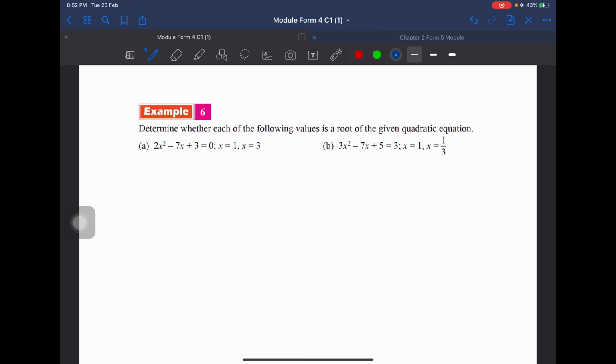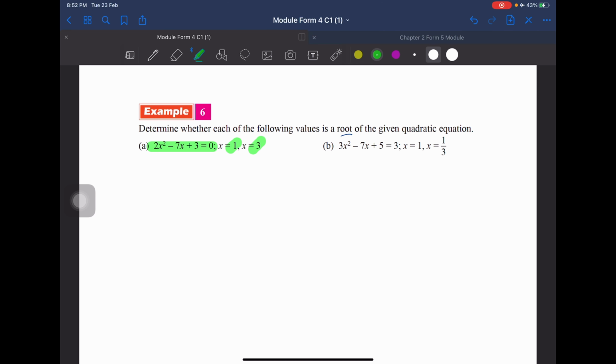Now next is example 6. In this example, determine whether each of the following values is a root of the given quadratic equation. So awak dah ada diberi quadratic equation di sini, then dia bagi two x value.